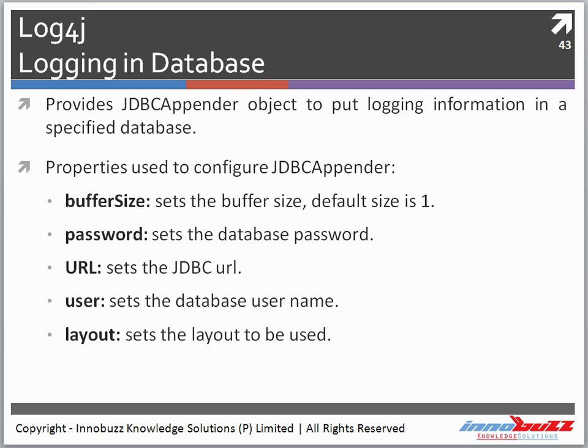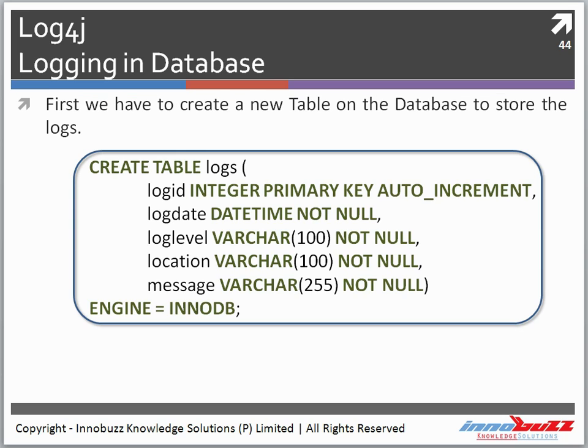You have to set a few more attributes like the buffer size, the user and the password to access the table, the JDBC URL, and the layout, of course. The first thing we have to do is to create a new table for that purpose. Take a look at the table definition. These are all the columns needed to log the events.